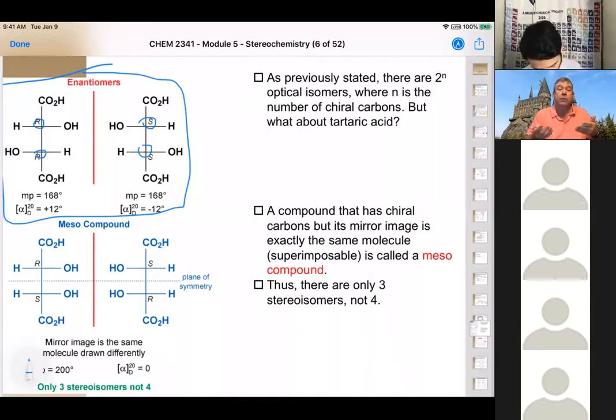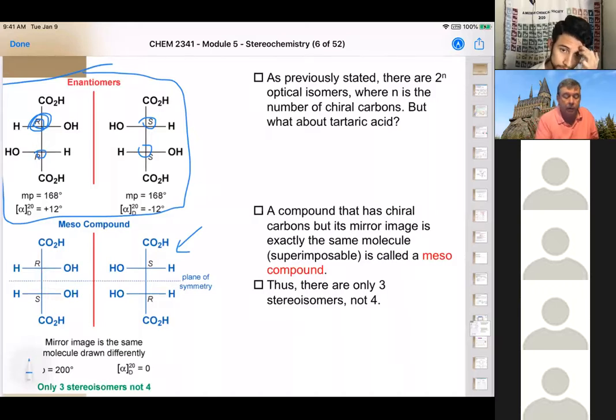So if we were trying to draw the other 2 isomers, we'd have to switch one of those. Let's say we switch this R to an S, and that gives us this isomer here. Now, to get our 4th one, we have to draw our mirror image. When we draw our mirror image, it ends up being that we have a mirror plane.